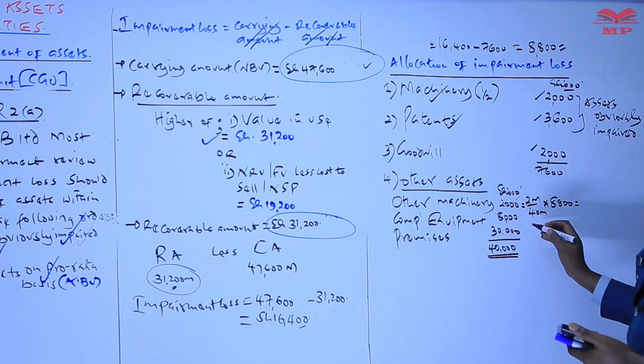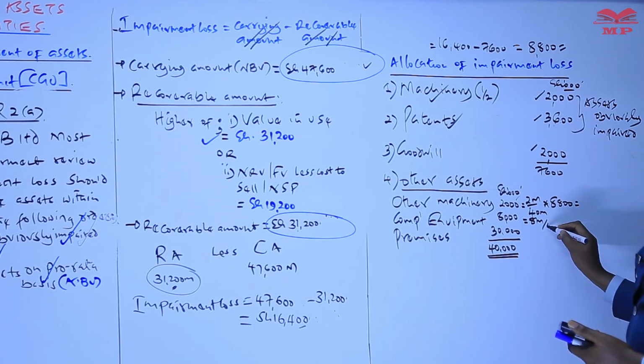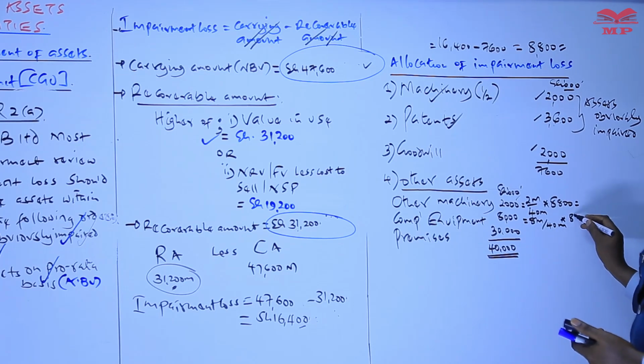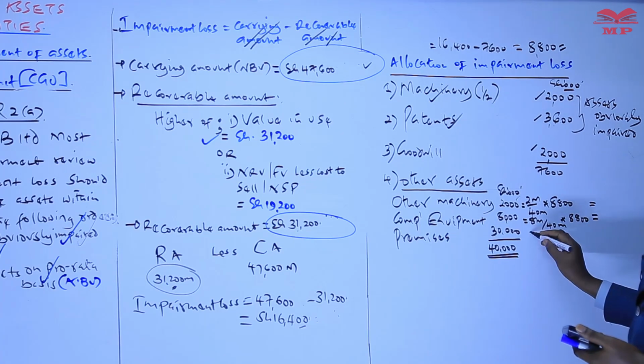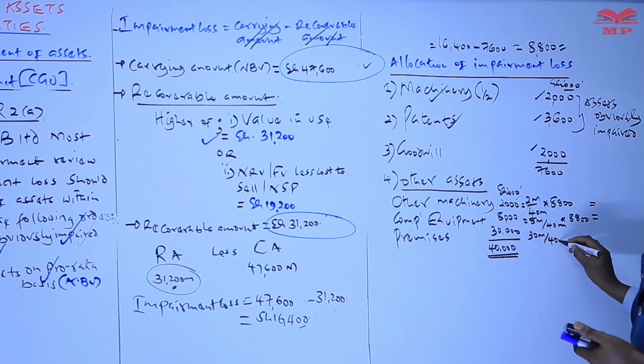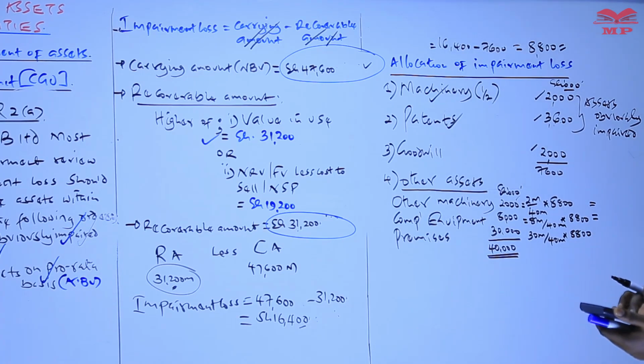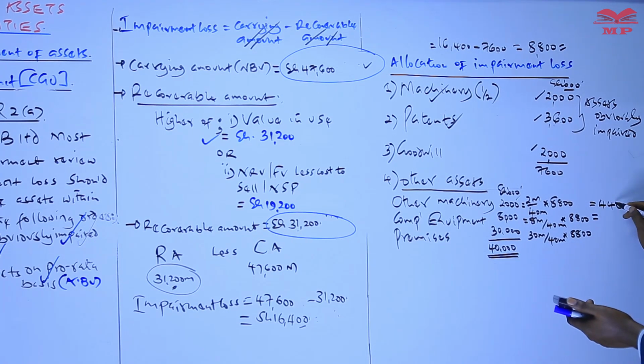We do the same for computer equipment, 8 million all over 40 million, times 800, and finally to premises, 30 million all over 40 million, times 800. So this will give us the impairment loss to be allocated to those three assets. So to the other machine, we have 2 out of 40 times 800, and that will give us 40. Remember also these figures are in thousands of shillings.